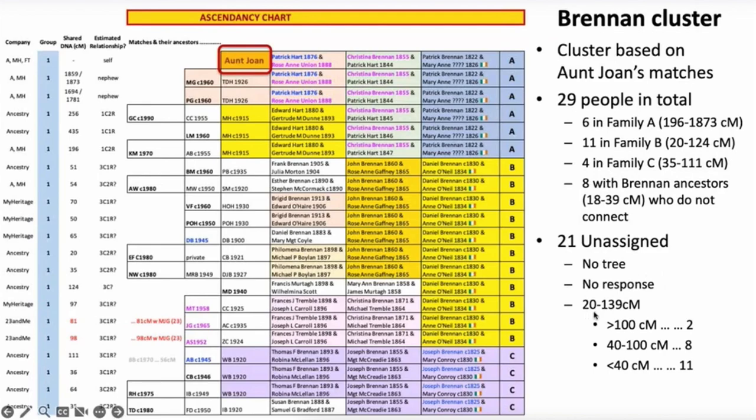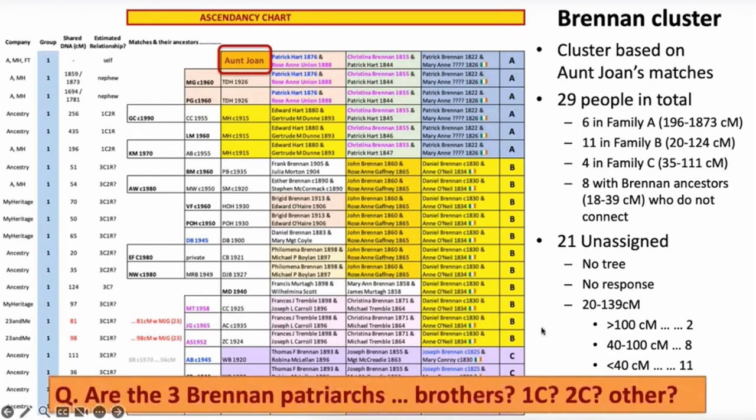And they have amounts of DNA that they share with Aunt Joan between 20 and 139 centimorgans. 2 of them are over 100. 8 of them are between 40 and 100. So these 10, at least, could make a very valuable contribution to this particular cluster, but I don't know how they sit. I don't know where they are in relation to these patriarchs here.